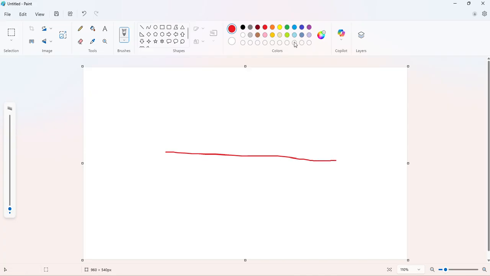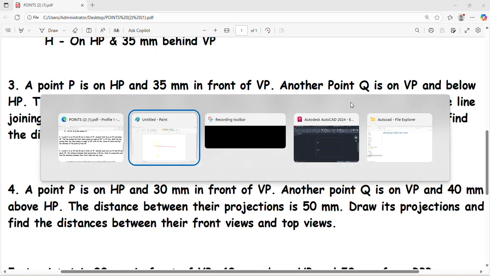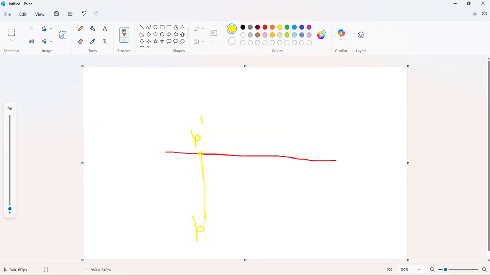This is the XY line, this is P dash, and here we have P, and we know Q is on this reference line and Q dash is just below the reference line. It is given that the line joining the front views makes 30° to the XY line.